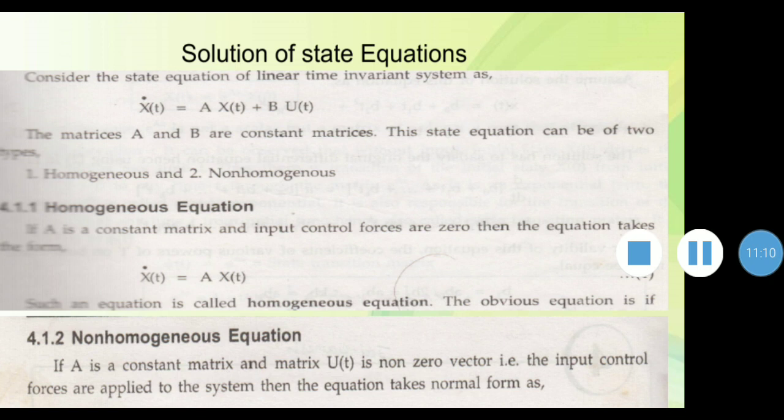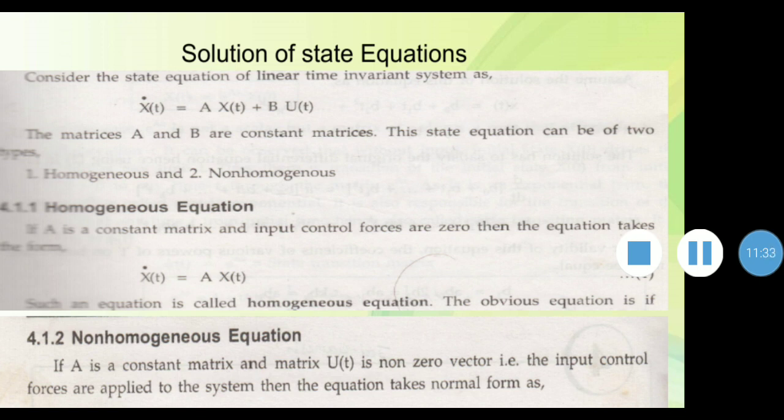Whatever methods of obtaining the state model in various forms, and obtaining the transfer function from the state model, were discussed. But what was observed is that the output response depends on the state variables and their initial values.